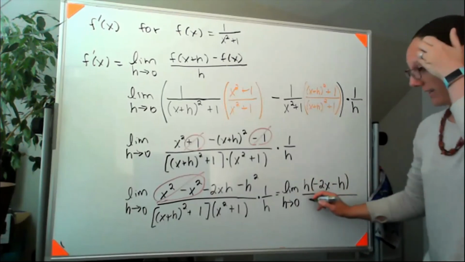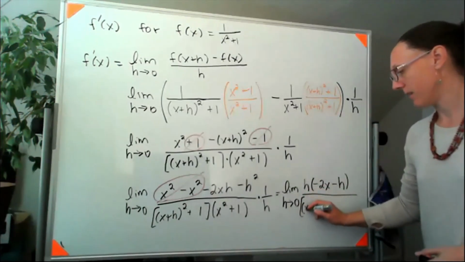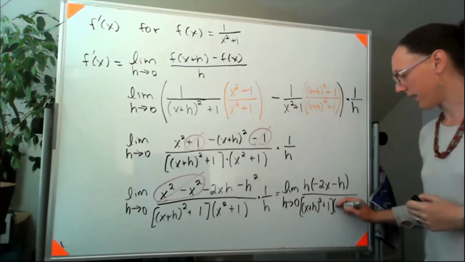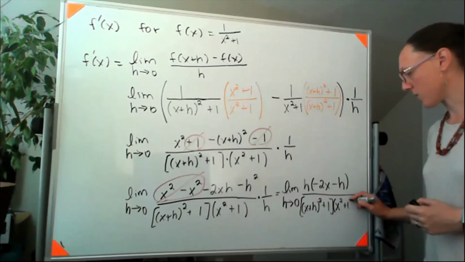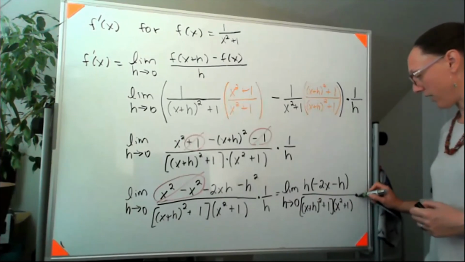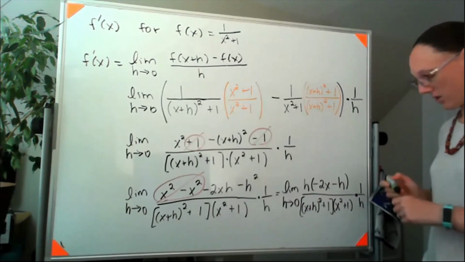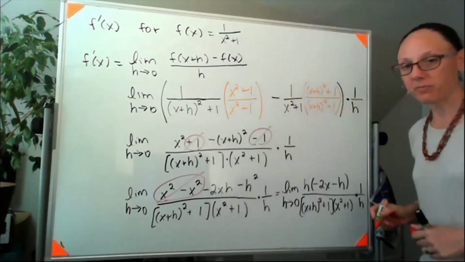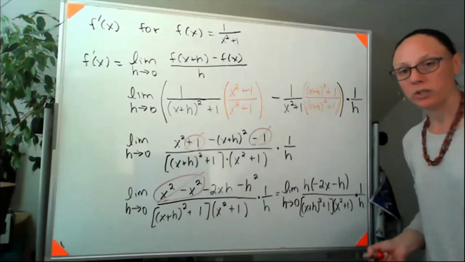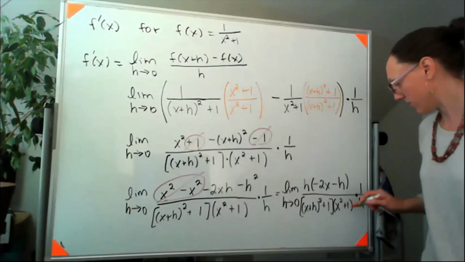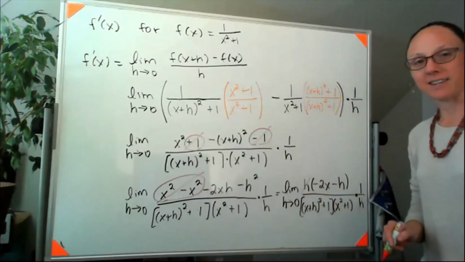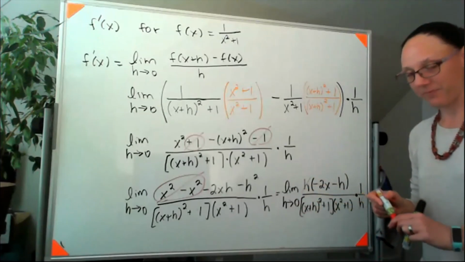My denominator isn't going to change. So (x plus h) squared plus 1 times x squared plus 1, whole thing times 1 over h. We're getting close. So that h is going to cancel out.